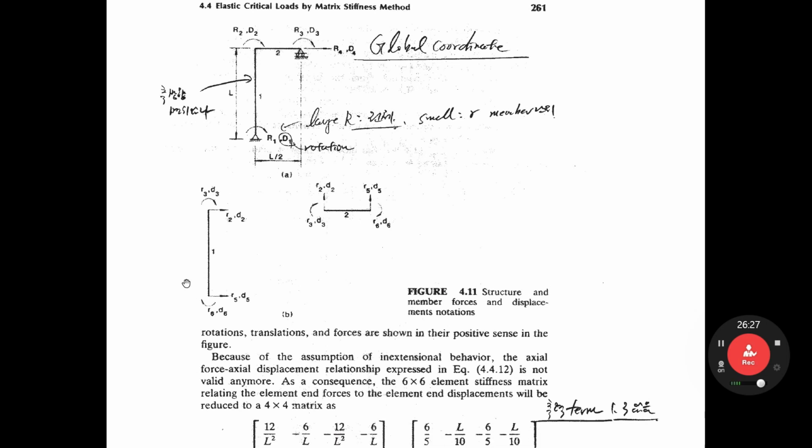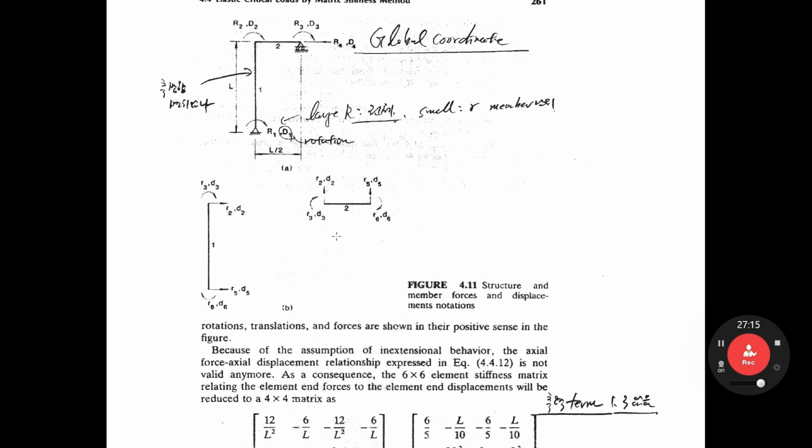This one, we call the element coordinate or local coordinate. As you see, this is local coordinate. So we have to transform from this local coordinate into the global coordinate. As you see, there is some relationship. This D1 equals here D6, right? If you match together, D3 equals D2, right?